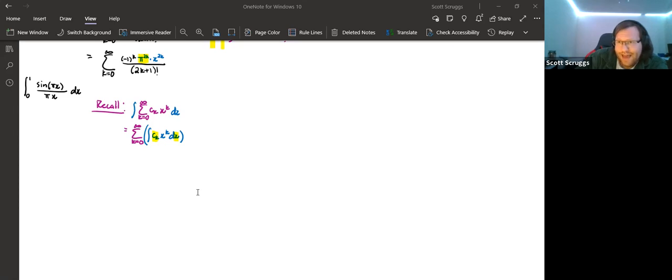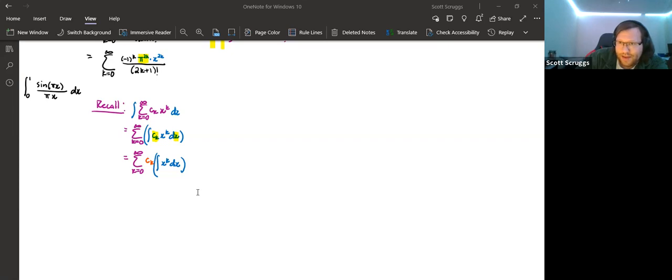So that c of k is a constant with respect to the integral. Because of that, still inside my series, I can rewrite that as moving that coefficient of k out, taking the integral of the x to the k here.